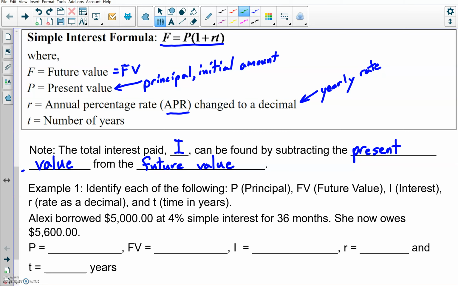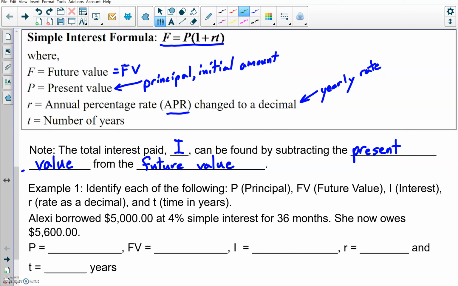Okay, so we are looking for P, the principal or present value, FV, the future value, I, the interest, R, the rate as a decimal, T, the time in years. So Alexi borrowed $5,000 at 4% simple interest for 36 months. She now owes $5,600.